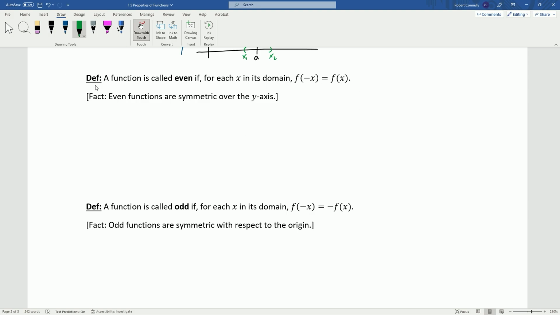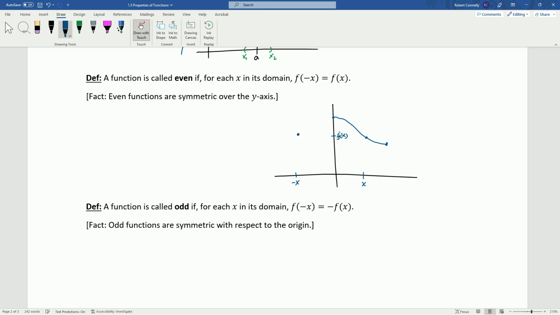So let's take a look at what the definition for even says. A function is called even if for each x in its domain, f of negative x equals f of x. What that means is, if I draw a picture of a graph, let's say we'll just draw the right side for now. If I take an x value here, I should get the same y value when I take the negative x value.